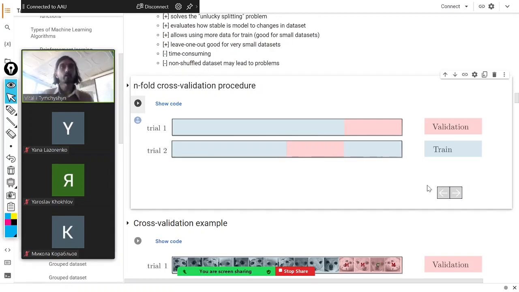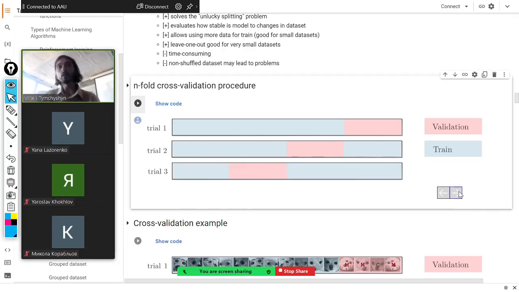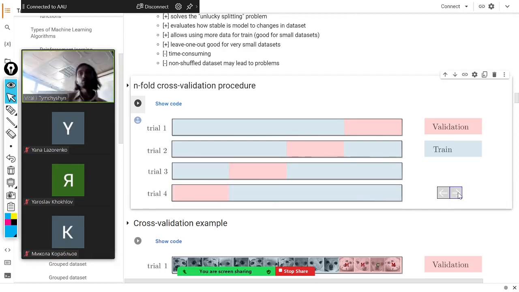I will take the other 25%, as shown in this picture, for validation, and the other 75% for training. Now I do this thing once again and once again. So with that part of validation, I have stepped through all the data set I had.